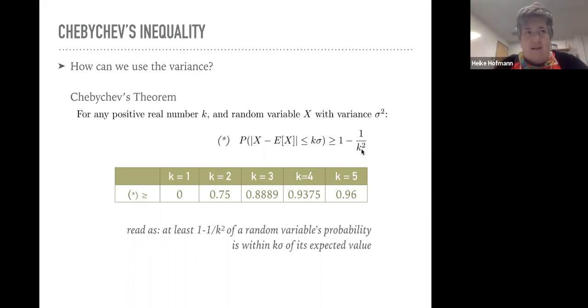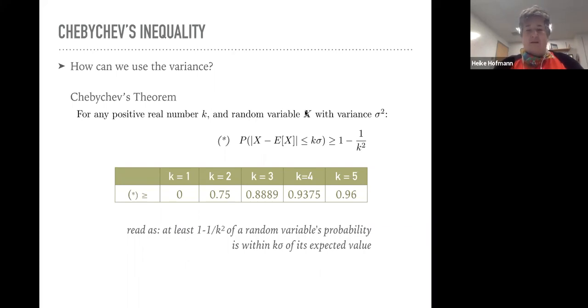So what does that tell us? It tells us how much probability we see for random variable x within a certain distance of the expected value. So we don't know anything about the probability mass function of x besides its variance.